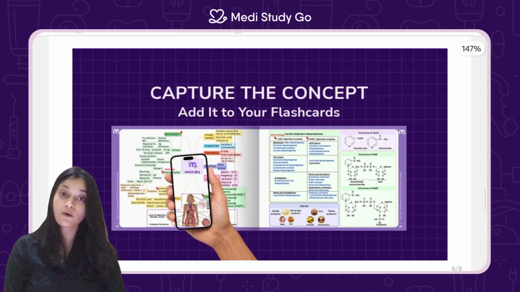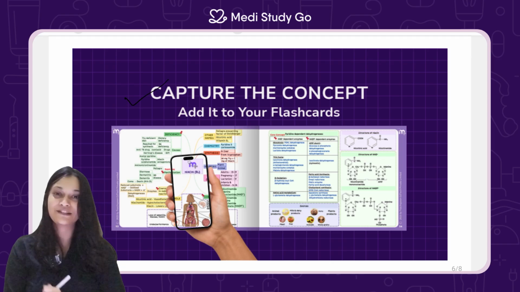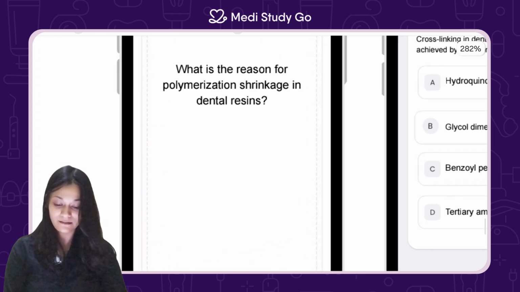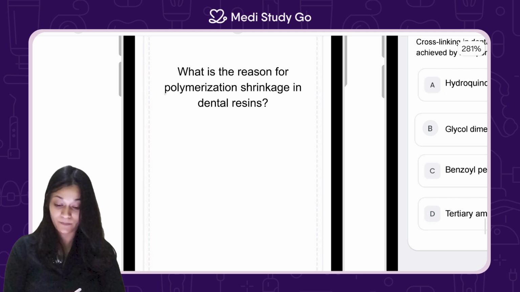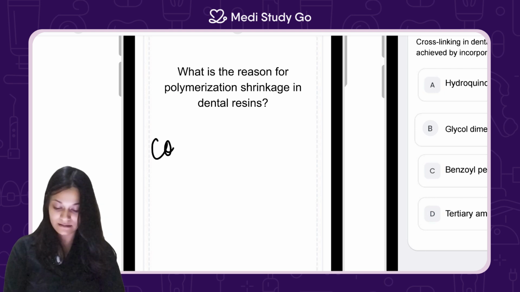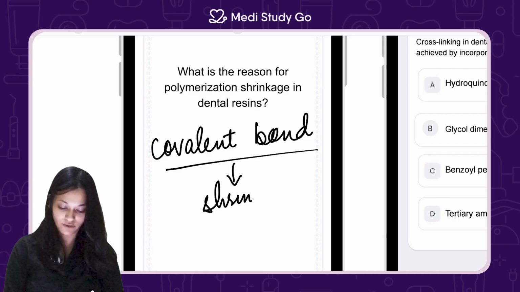Now, if you are also somebody who loves solving image-based questions, you can just capture the concept and add it to your flashcard and solve it later on to test how much you have understood. Let's understand the flashcard now. What is the reason for polymerization shrinkage? What happens is the covalent bond reduces and it leads to shrinkage of your molecule.